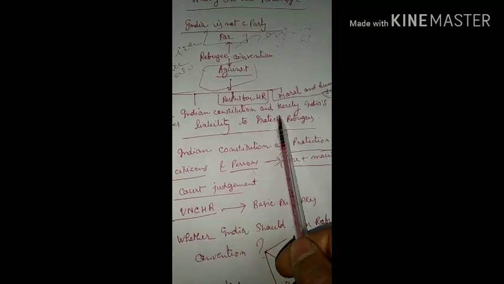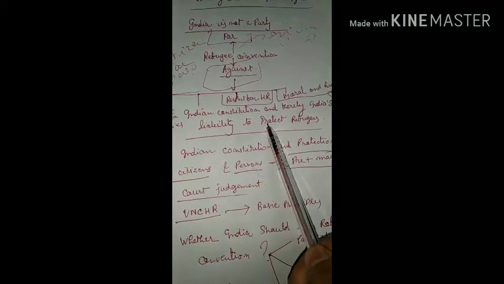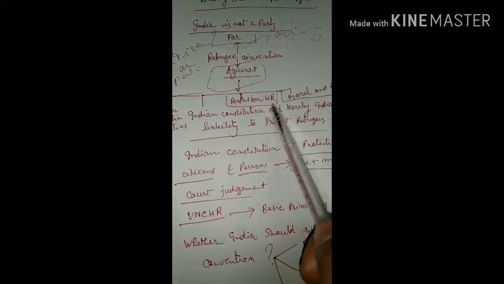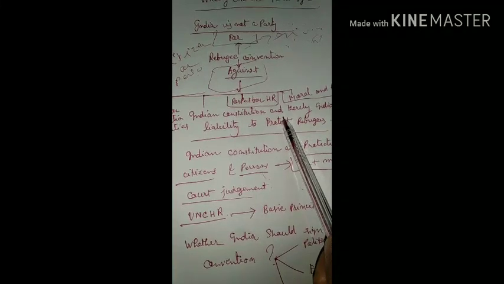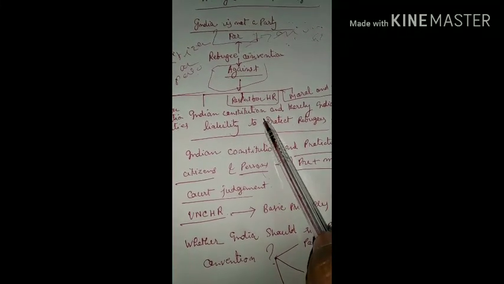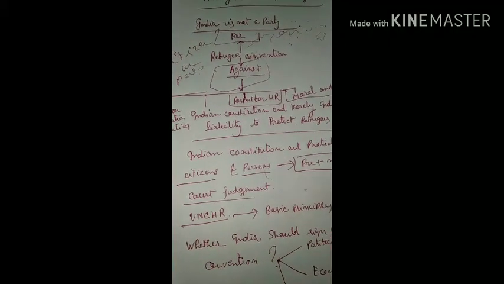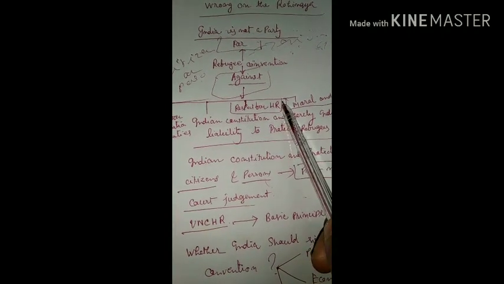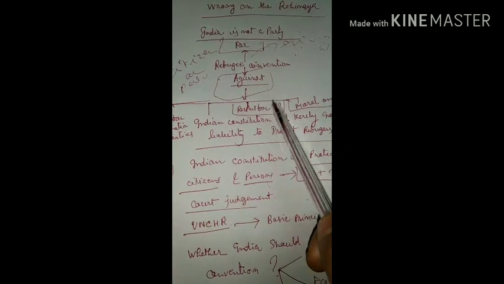The Indian Constitution and thereby India's liability to protect refugees. The Indian Constitution has some provisions which equally protect citizens and other persons. So this is India's liability to protect refugees. We'll see later how the Indian Constitution has protected both. Respect for human rights: India is a party to the United Nations Convention on Human Rights.